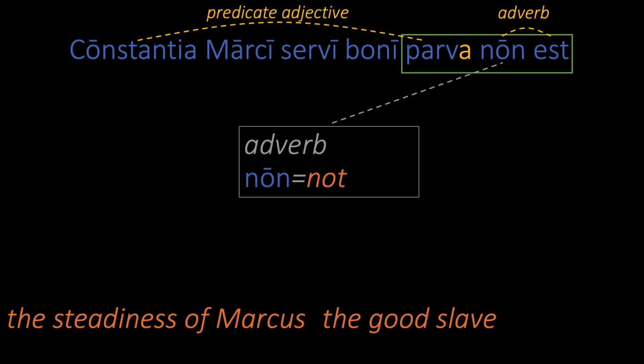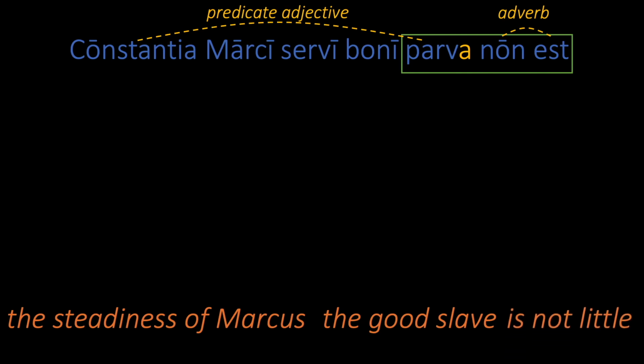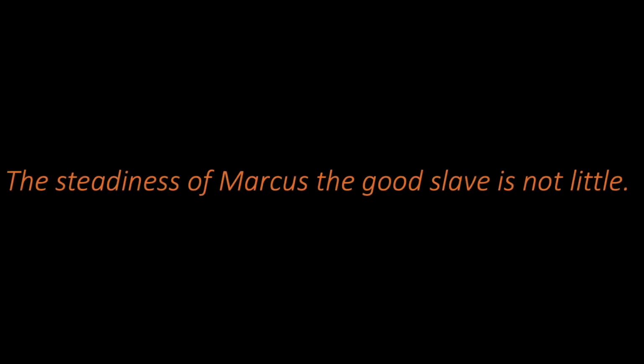Est is the singular of the verb to be. It agrees with Constantia and links it to parva. The meaning of the phrase is therefore, is not little. So altogether we have the steadiness of Marcus the good slave is not little. Which sounds fine, just the way it is.